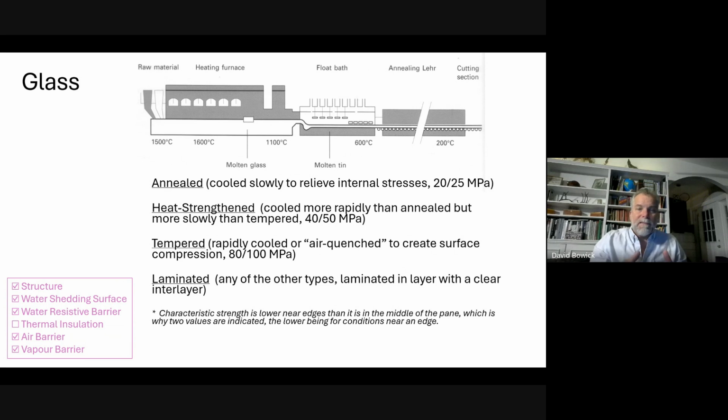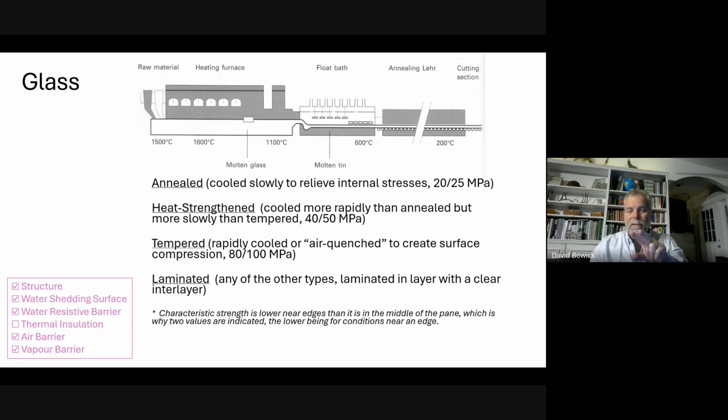So it's a high strength material, but also high probability of flaws, and the flaw will precipitate a failure, not overload. The way we manage that is we keep the stresses low. So conventional annealed glass, we consider to have tensile stress of about 20 MPa. We can heat strengthen glass, which brings us up to 40 or 50 MPa, or tempered glass brings us up to 80 or 100 MPa.